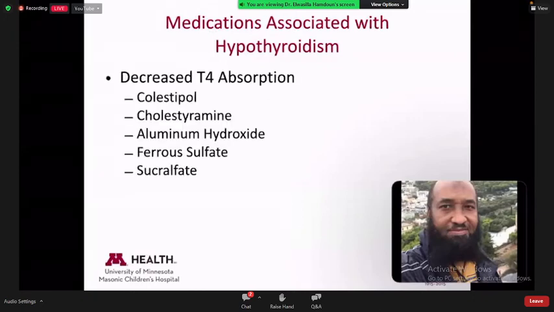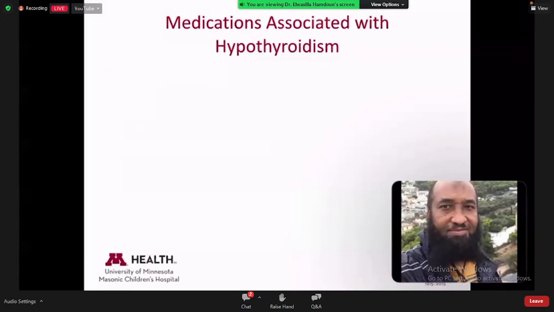There are some medications that can affect the absorption of thyroid hormones if taken orally. So if someone who already has hypothyroidism is using levothyroxine replacement orally, and is also using other medications like those I have here in the list, remember, they can interfere and impair the absorption, so the healthcare provider needs to be aware of the interaction.